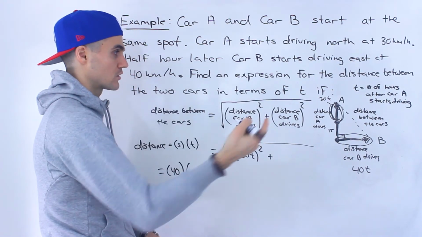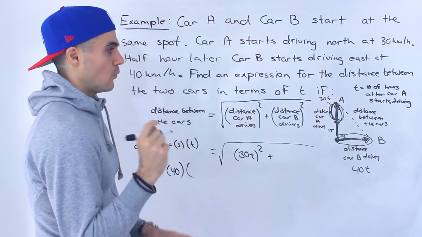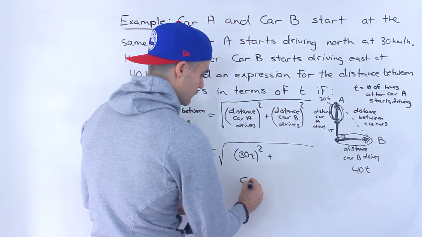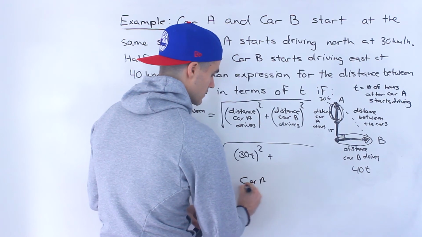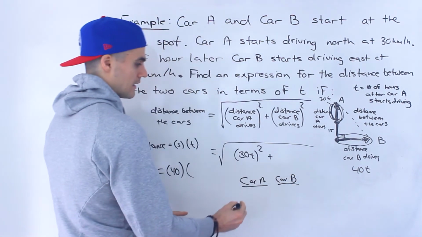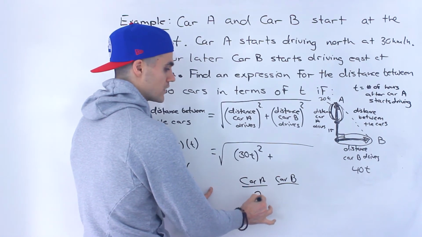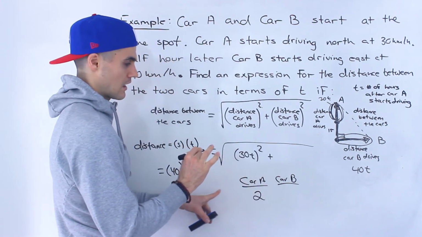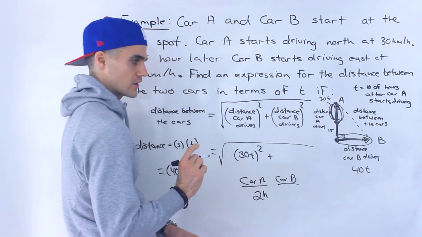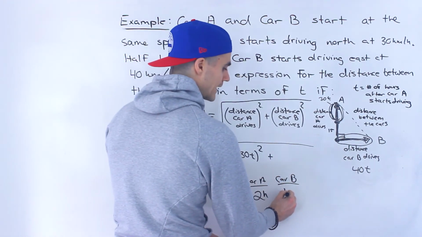So what that means, if you think about it, if we have car A, let me kind of show you the pattern here, and then car B, if car A has driven 2 hours, how long has car B driven? 1.5 hours.